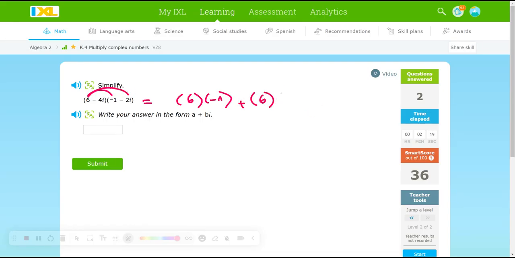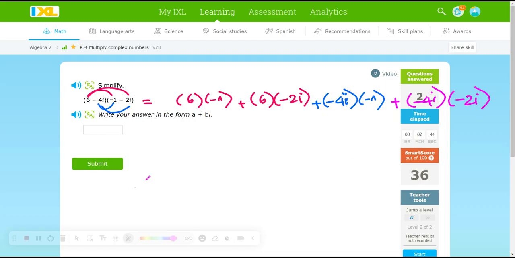When you're done with that, you move on to -4i times -1, and then -4i times -2i. Okay, so let's do it slowly over here.